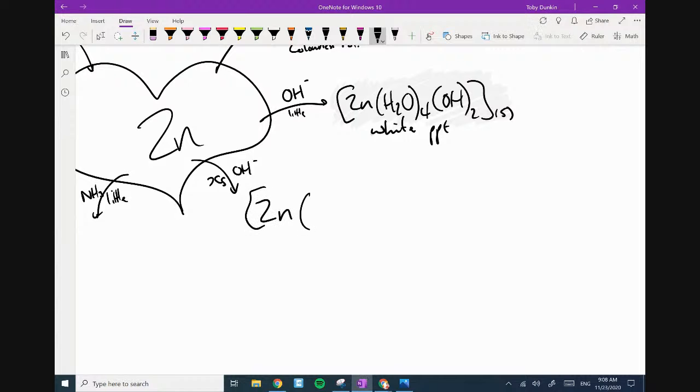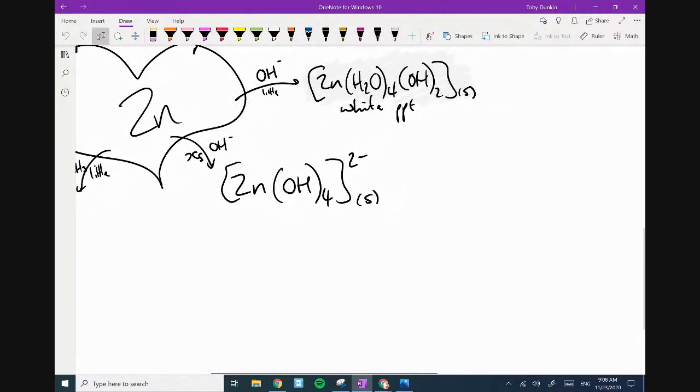Zinc, and this is an oddity, 2-. It's a strange one. It kicks off all the waters and attaches 4 OH- ions, and it's not a solid, Mr. Duncan, it's charged. Any charges mean it's aqueous.